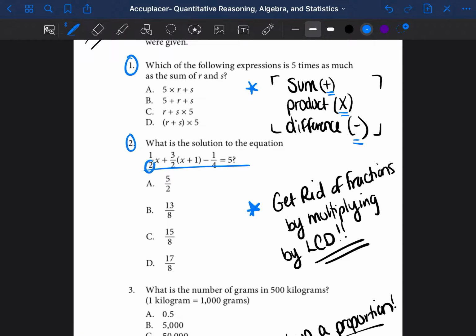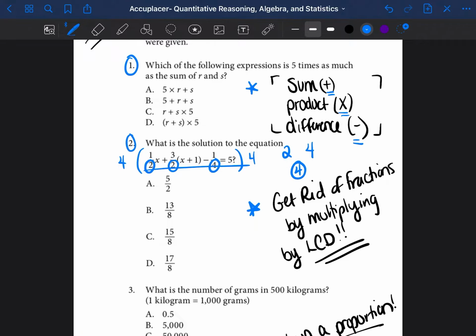So we're going to look at the denominators 2, 2, and 4, and we're going to find the least common denominator, which happened to be 4. And we're going to multiply each side of the equation by 4. When you multiply each side of the equation by 4, you end up getting an equation that is completely free of fractions. When the fractions are gone, then you're able to get the answer much simpler.